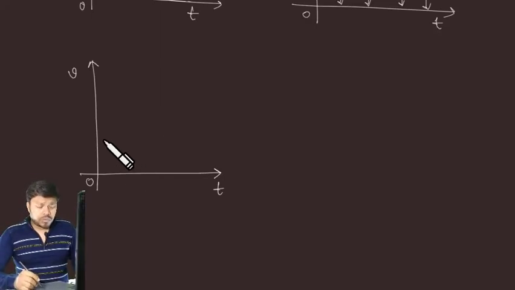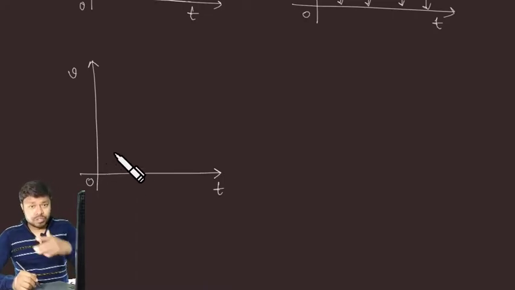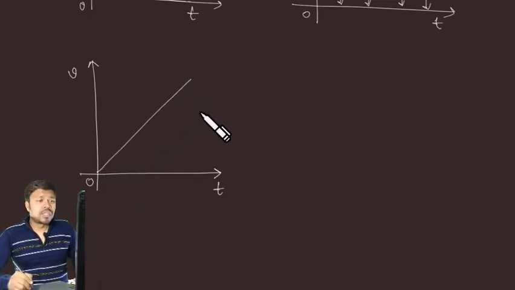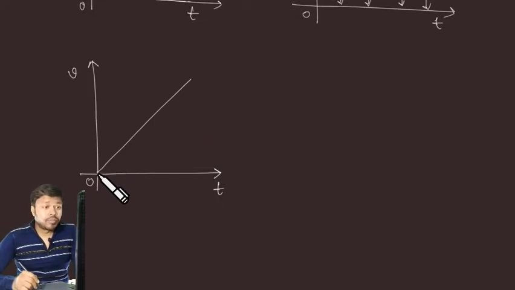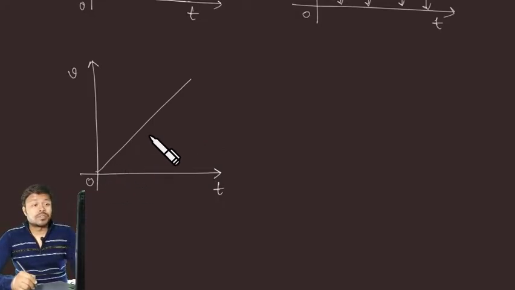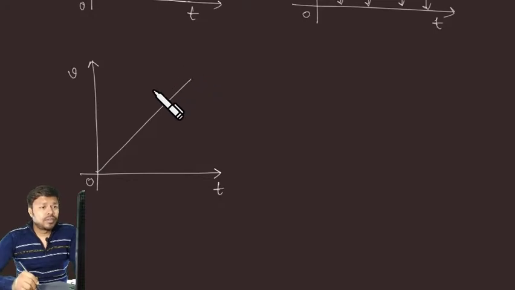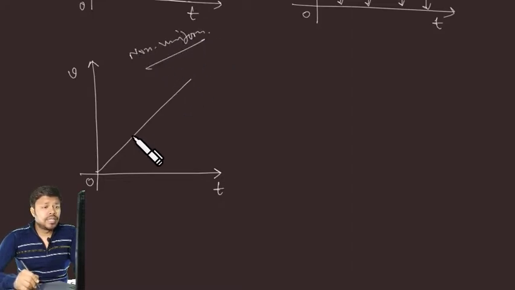So if it's constantly changing at an equal rate, then it will be a straight line, something like this. Alright, if the body started from 0 velocity, it would look like this. This is of course non-uniform motion. Velocity increases with the increase of time.